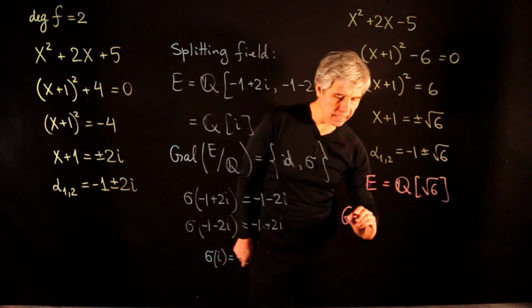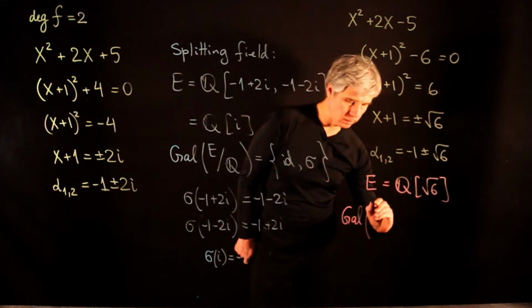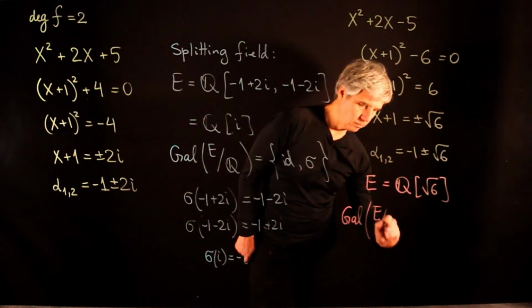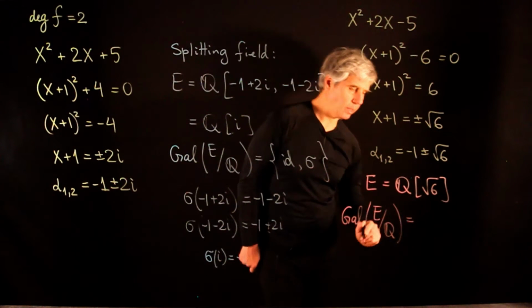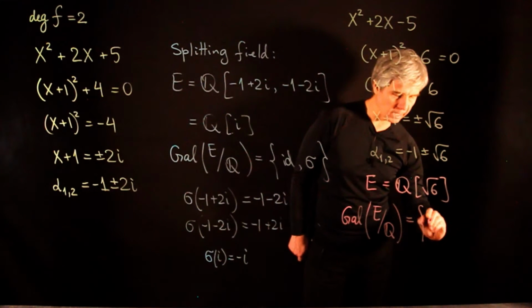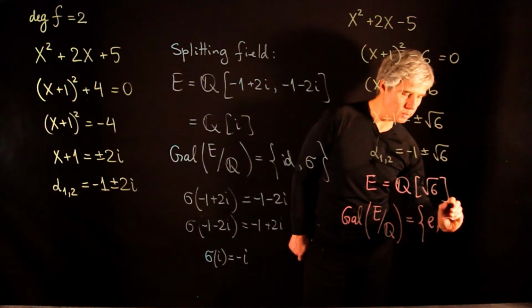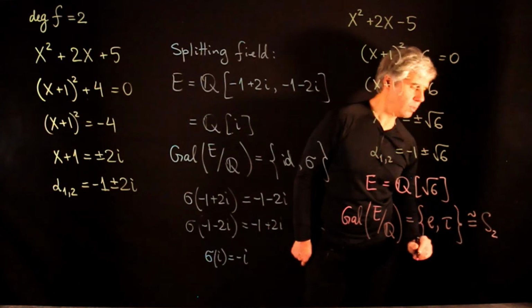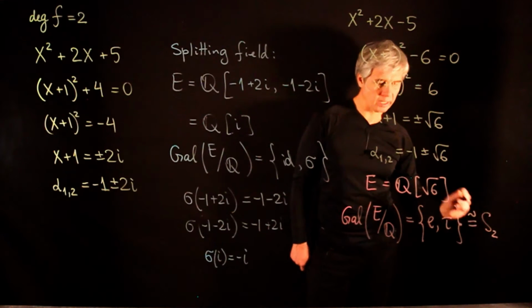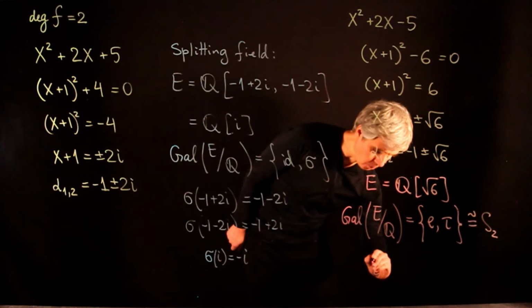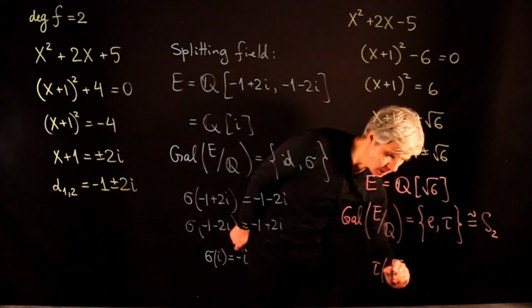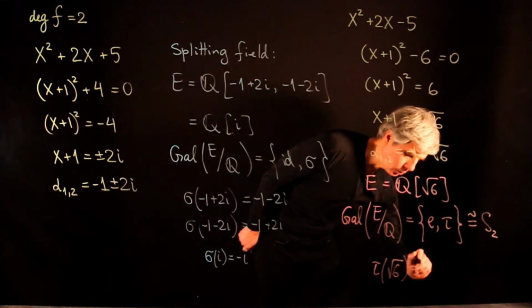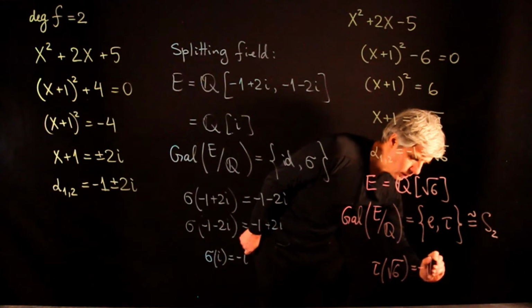And the Galois group again permutes these two roots. So it will be a group with two elements, the identity transformation and tau. So it's isomorphic to the group S2 of permutations on a two-element set, and tau applied to the square root of 6 is equal to minus the square root of 6.